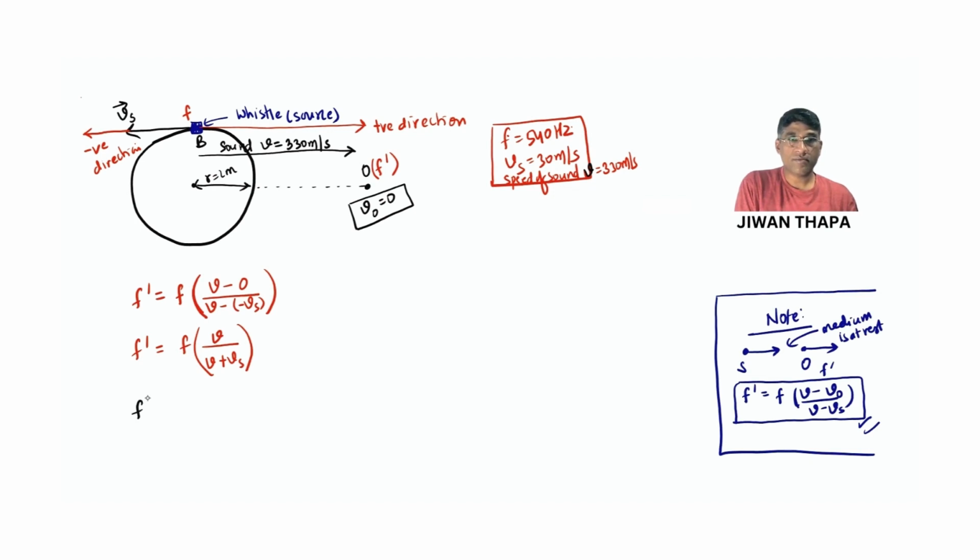Now let's put the value. So we get f dash equals 540 times V, and V is 330, divided by 330 plus Vs, which is 30. So let us find this.